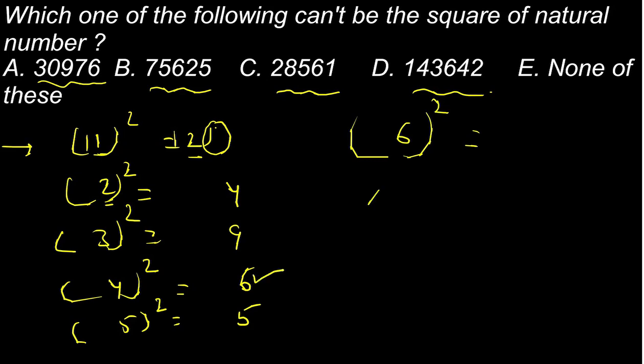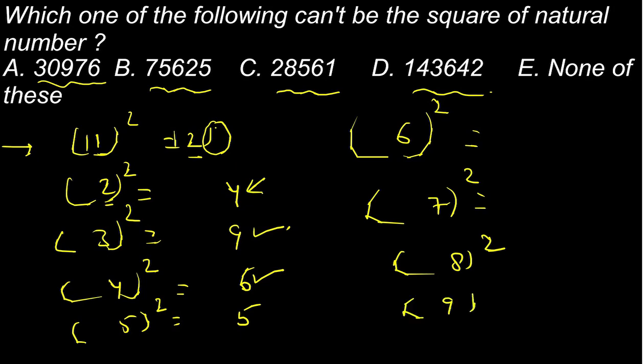Any number ending on 7, its square will end on 9. Any number ending on 8, its square will end on 4. And any number ending on 9, its square will end on 1. And any number ending with 0 obviously ends on 0.